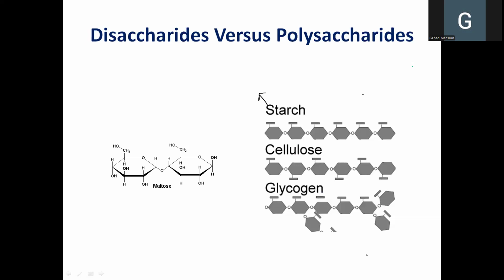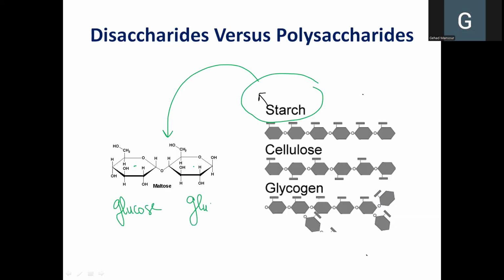Here we can see several examples of polysaccharides. The one that we are interested in is starch, because starch is digested into the disaccharide maltose, and maltose contains two molecules of glucose that are bonded together. Starch is the storage form of carbohydrates in plants.